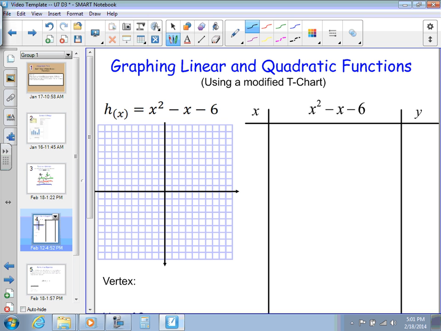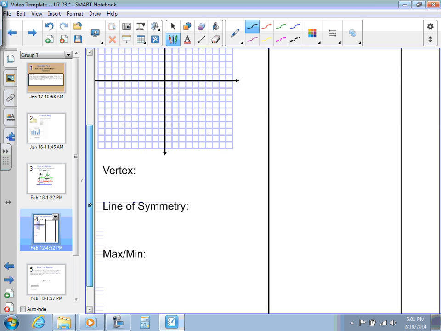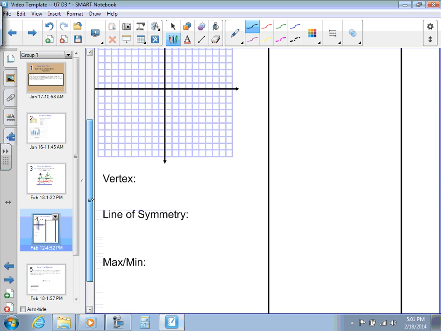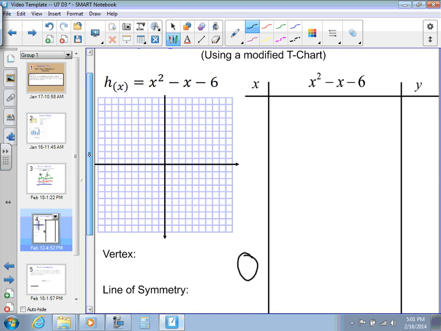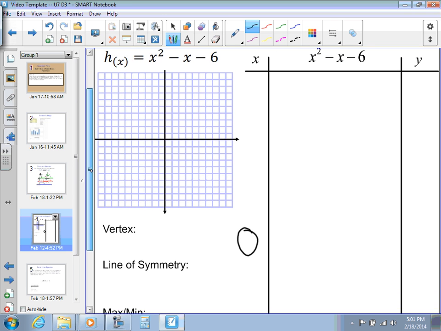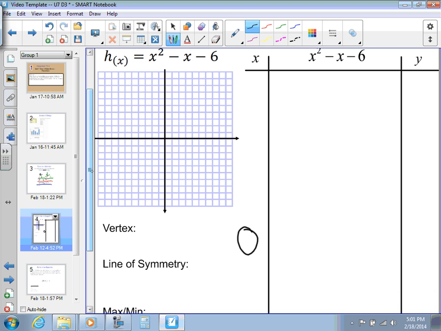Okay, graphing linear and quadratic functions. And I'm using a modified t-chart so that we have a place to do our calculations. Now, I want to start sort of near the beginning of the graph, so I'm going to start with a value of 0 for x. And then we have this x squared minus x equals 6.